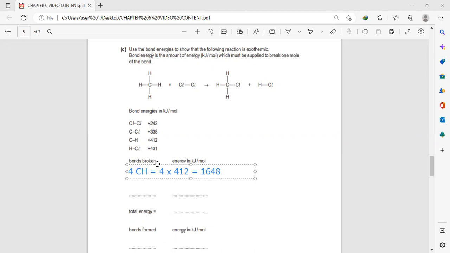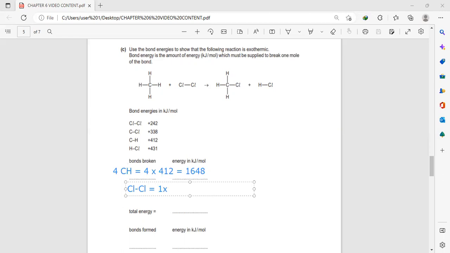In ClCl bond, 1 into 242. That is 242 will come.